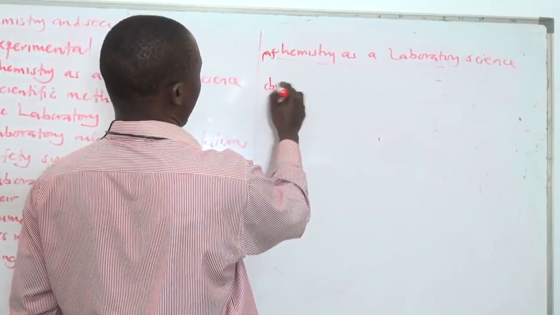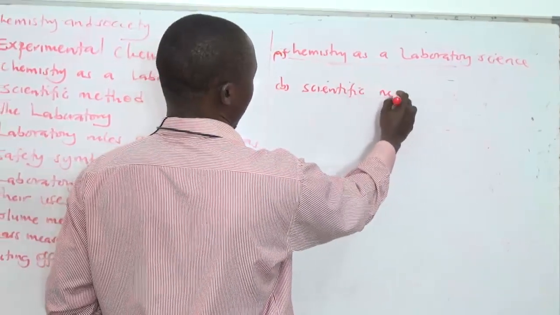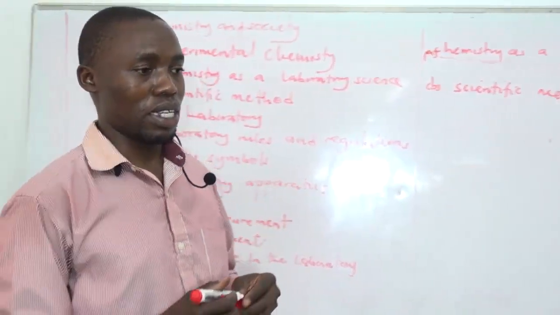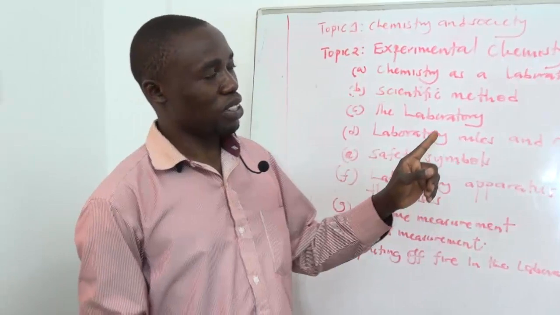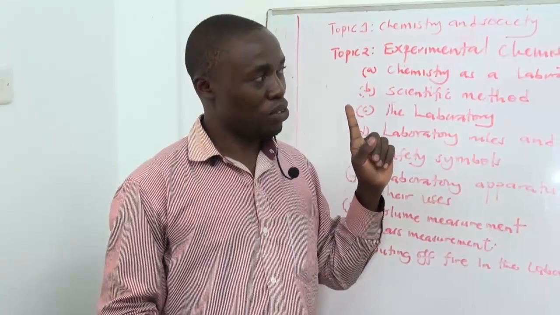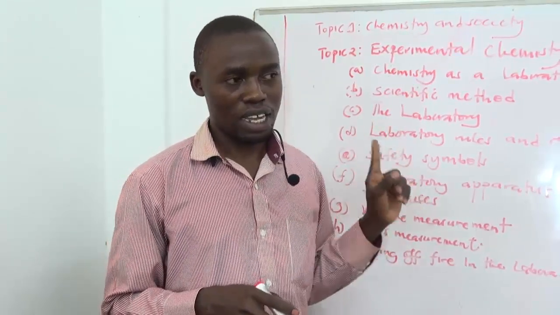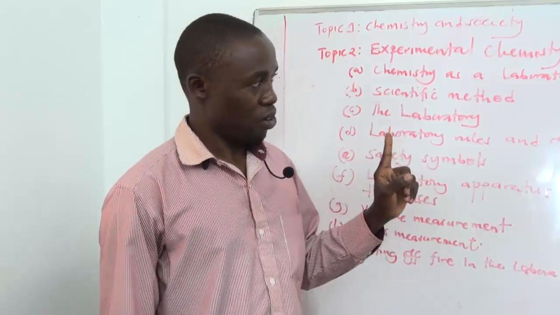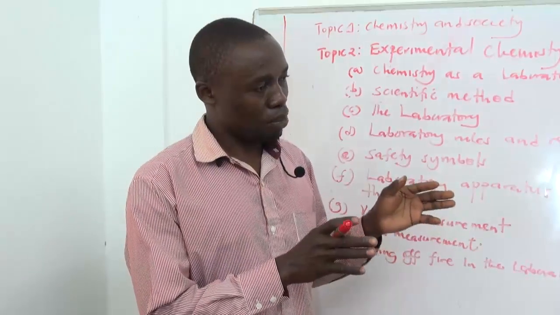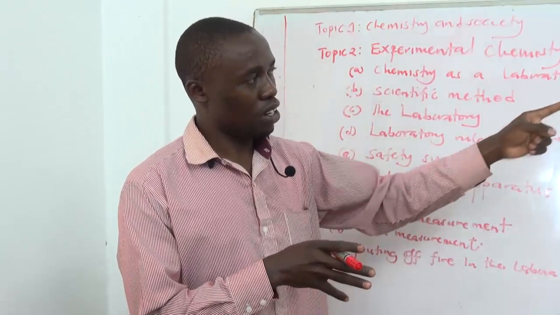That means you will follow very well here. I'm going to ask who can define a scientific method in regard to previous information. I've said chemistry is a laboratory science because it has experiments done in the laboratory, similar to other sciences. And when you are conducting an experiment in the laboratory, the method you are using is called a scientific method.